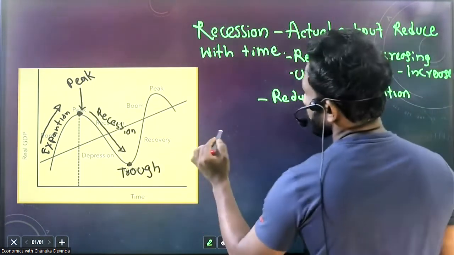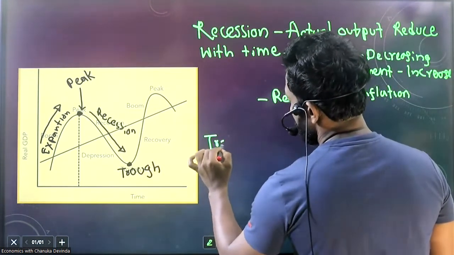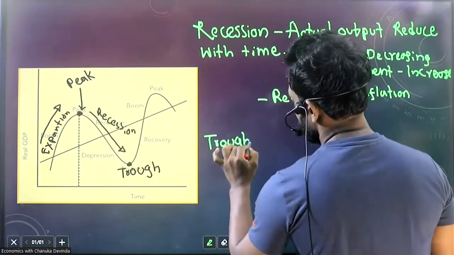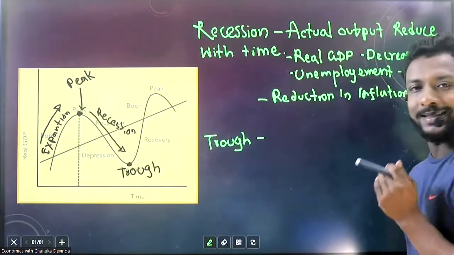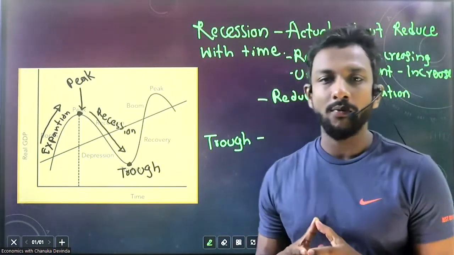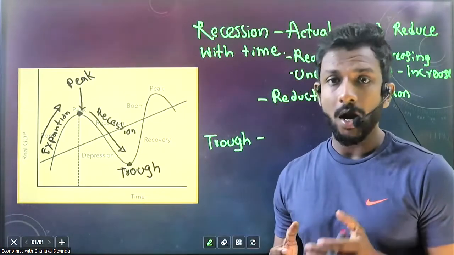And next one, trough, T-R-O-U-G-H. The trough is the minimum point of actual output.